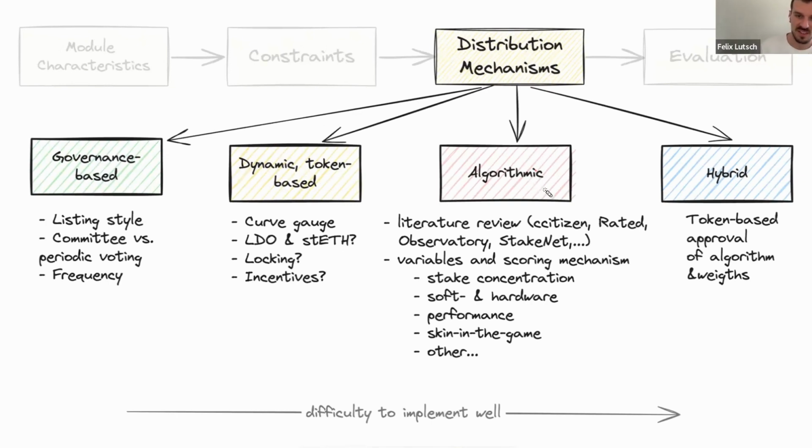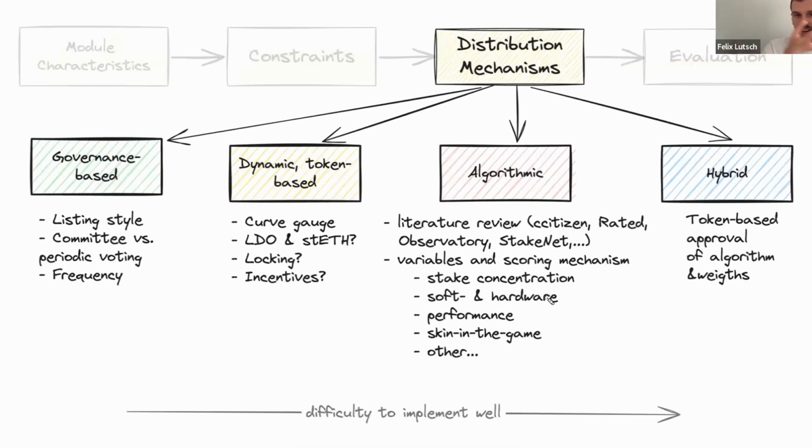And then the other method that I'm predominantly looking at is an algorithmic approach. So essentially trying to score modules on the basis of a bunch of variables. Most importantly, probably the state concentration of the operators within the module, the software and hardware distribution. So, where is the hardware running? What sort of clients are they running?